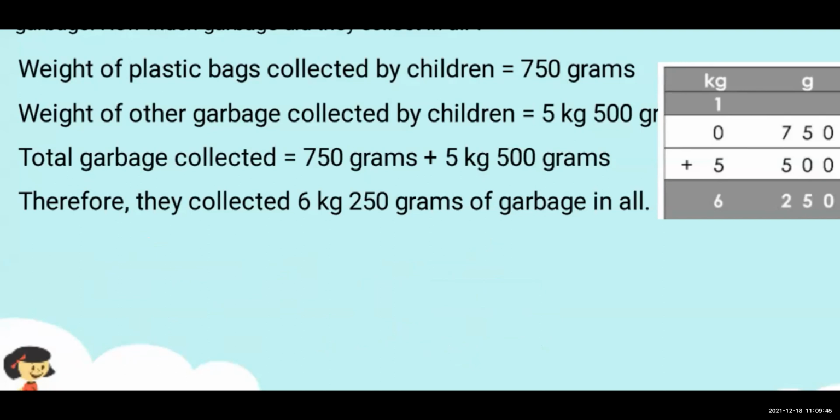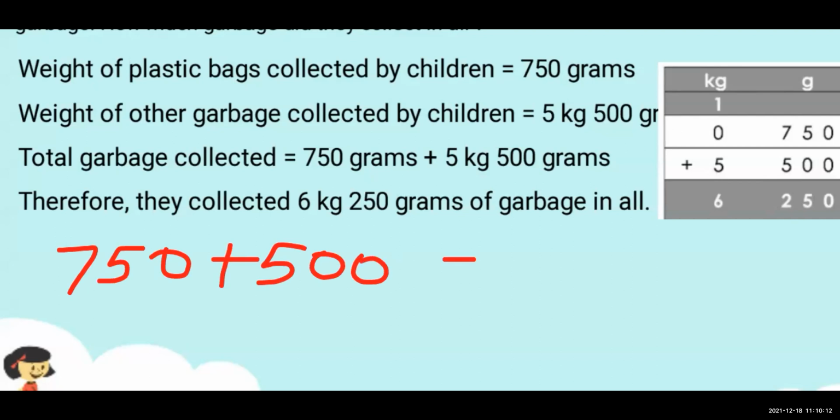Now we have to know how much in all they have asked, so that will be total garbage collected. Total garbage collected, we have to add 750 gram and 5 kg 500 grams. See, 750 plus 500. हमारा वही step what we have done in the addition. 0 plus 0 will become 0.